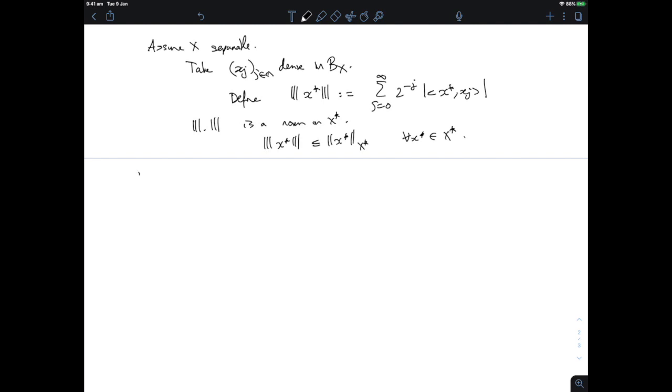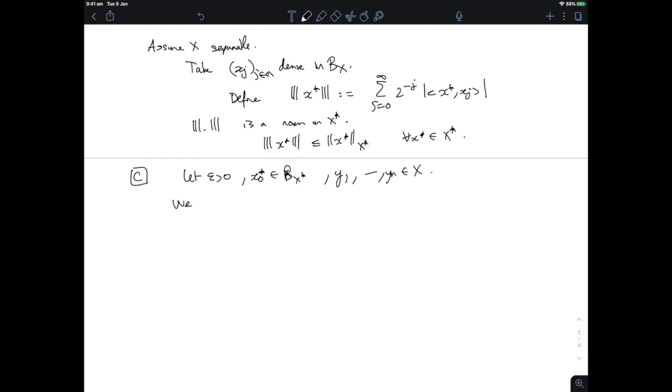Okay, so let's go with one inclusion. Let's give ourselves a neighborhood in the weak star topology. So an epsilon, a center point X naught star in B_X star, and some elements y_1 till y_n of X against which we are testing. Right, now what do we want to do?